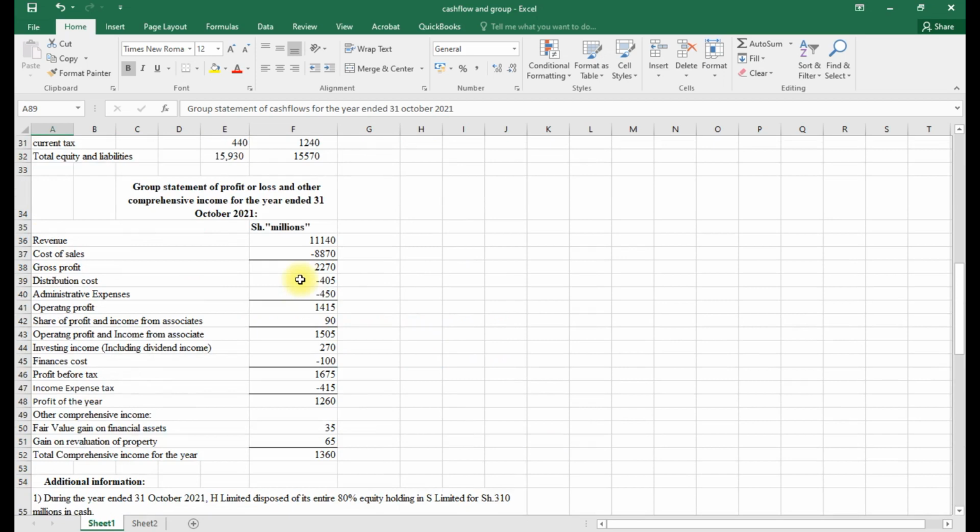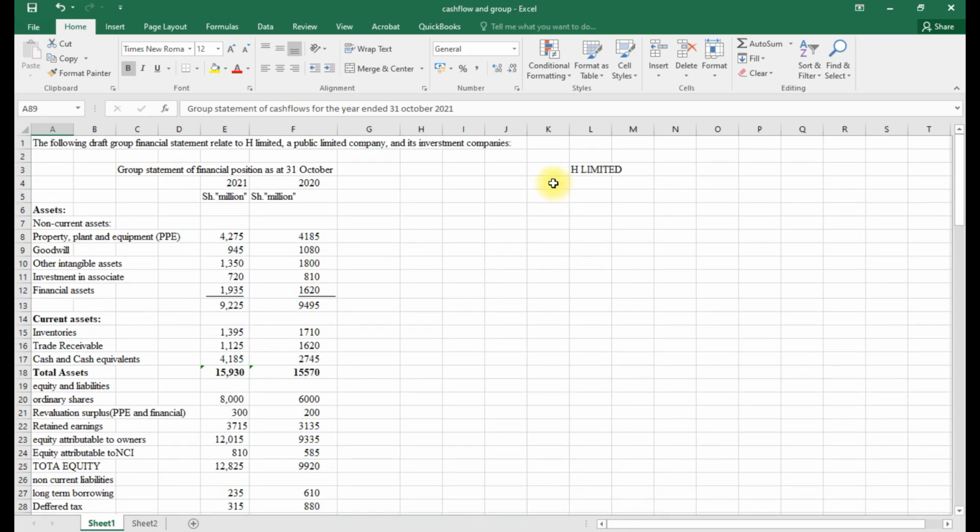So, group statement of cash flows for the year ended 31st October 2021.